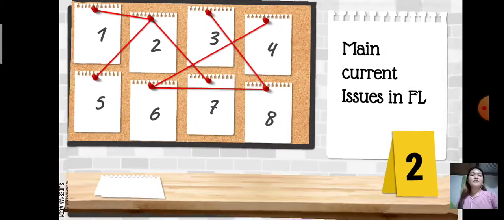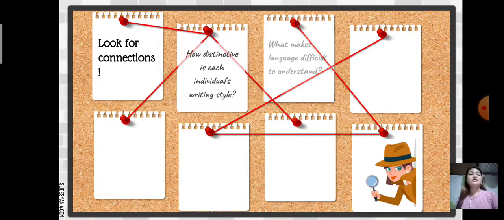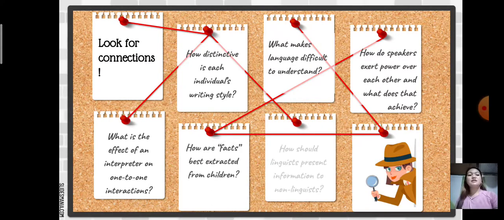There are also current issues in forensic linguistics. Here are some of the questions in forensic linguistics. There are challenges on how to do forensic linguistics. Some of these are: how do you know whether that person is the one who wrote this statement or this document?